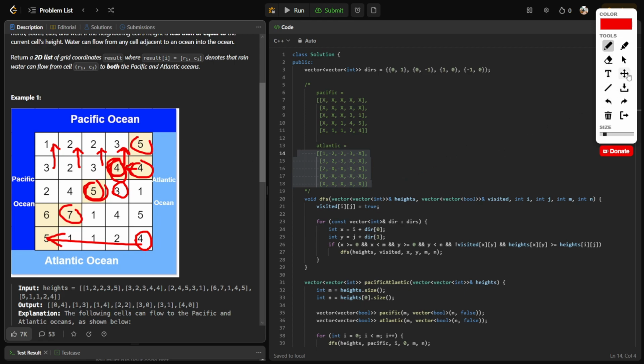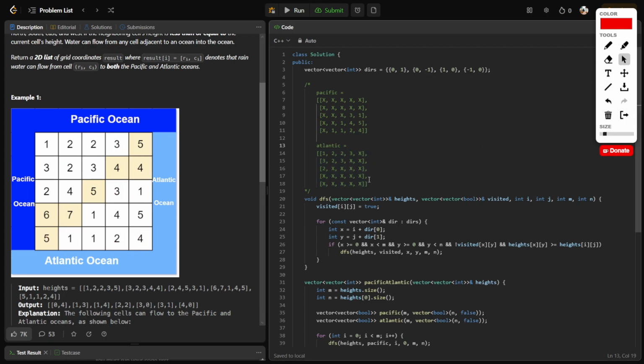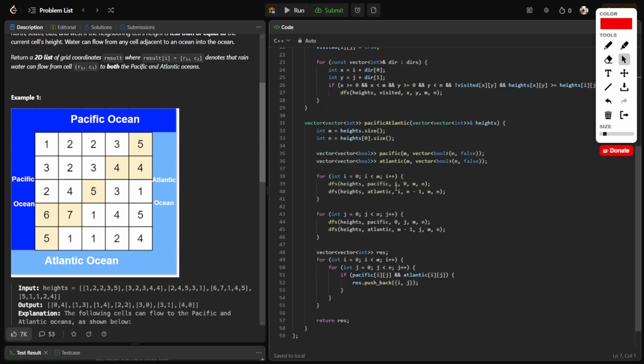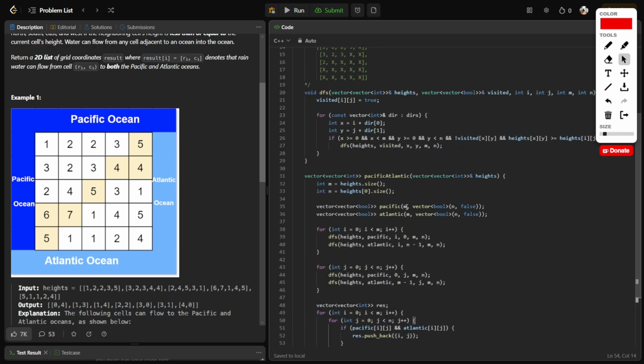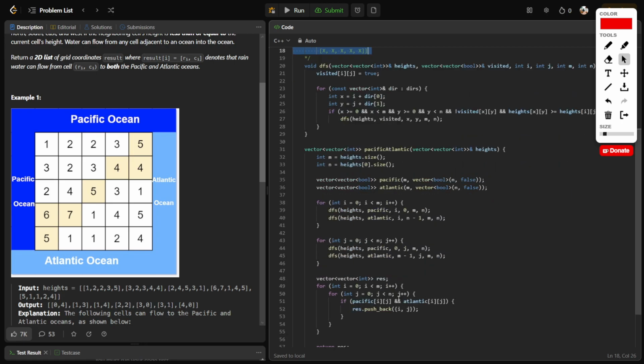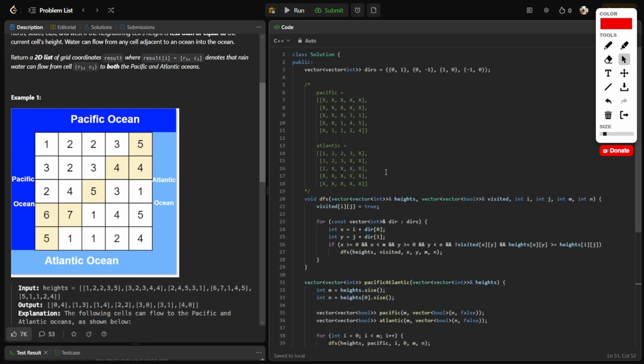So now that we have both grids written out for us, then what we do is we create a result vector, another 2D vector, and here we iterate through the grid, and then we check if we visited both of the grids, right. For instance, this one we have visited, this one I'll just put a 0 so it's easier to see.